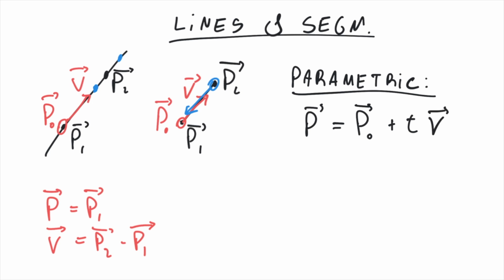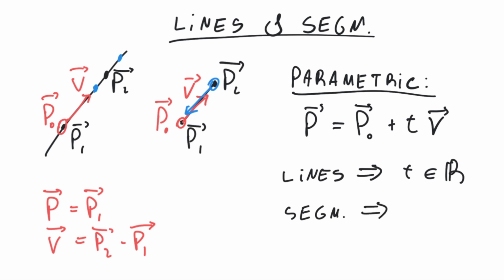So this parametric representation is the same, only for lines t is any real number, and for segments the convention is that if you take v to be the difference between both endpoints, then t is on the interval 0, 1.